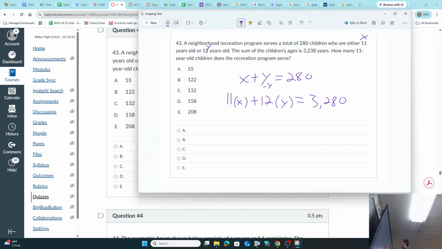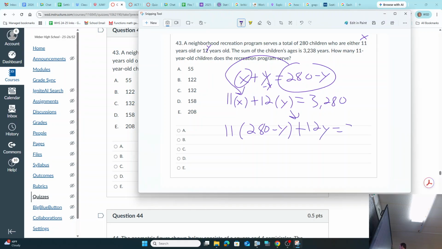If we minus y to the other side, then for x we plug that in. So now we have 11 times the 280 children minus y, and then plus, bring this down, 12y is equal to 3,280.